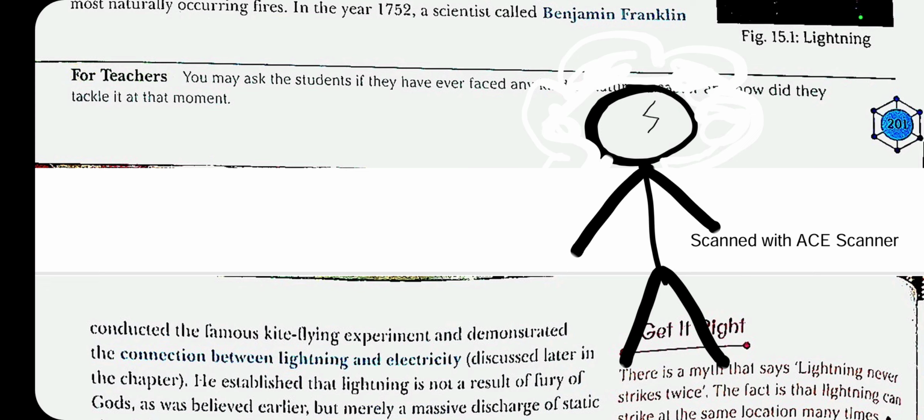This is Benjamin Franklin. You can see his white hair and the stickman representation of him, and the sign to show that he lived the kite experiment.